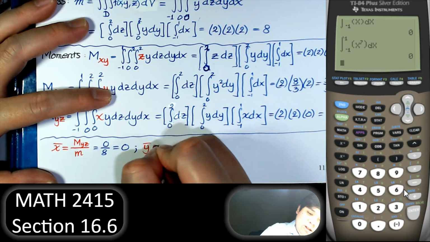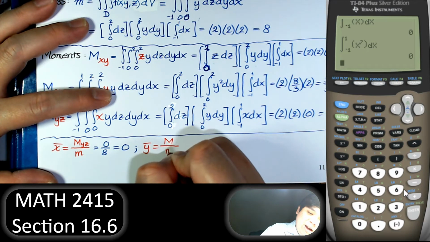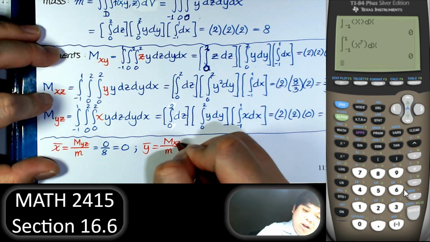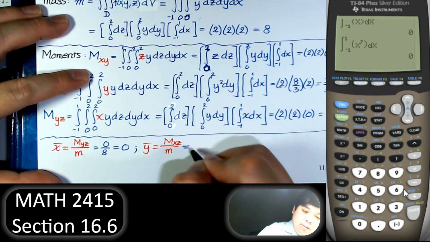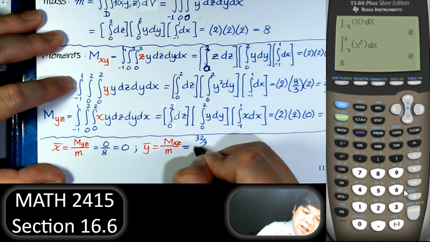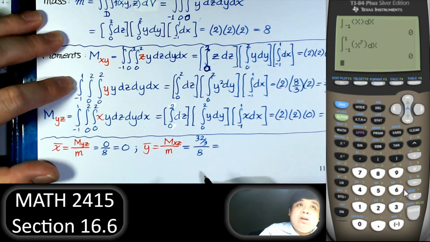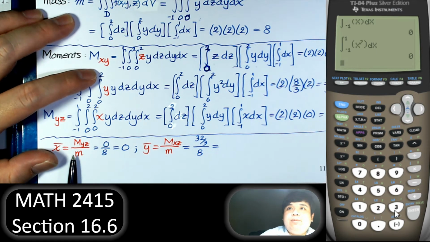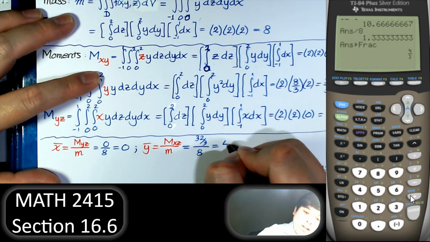Y bar is a moment divided by mass, a moment that has y in it. So it's going to be this one, the moment about the xz plane, which is 32 over 3, divided by mass 8. Multiply by the reciprocal, should be 4/3. So that's 4/3.